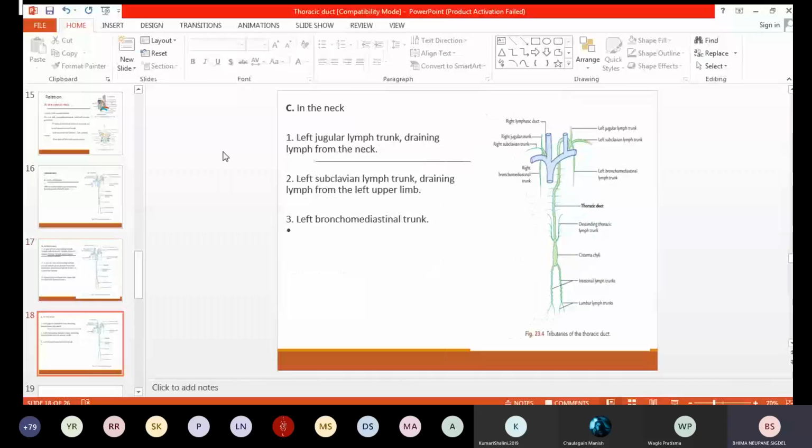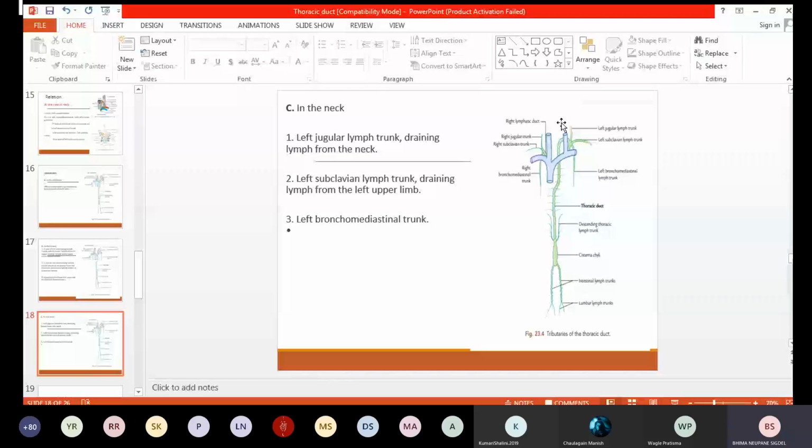Now in the neck, directly you can see the largest channel, the left internal jugular vein, and the jugular lymph trunk, draining from the neck part only, and the left subclavian lymph trunk. That area will drain by the similar name.